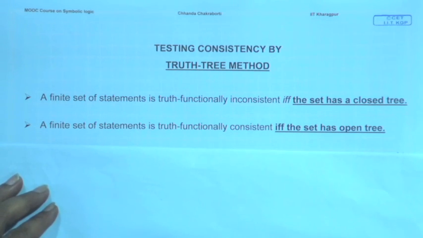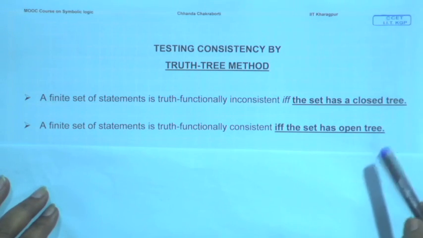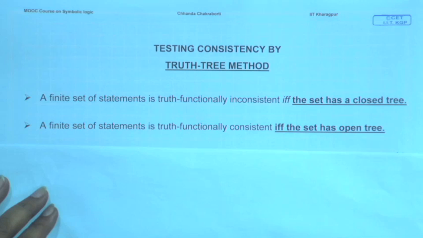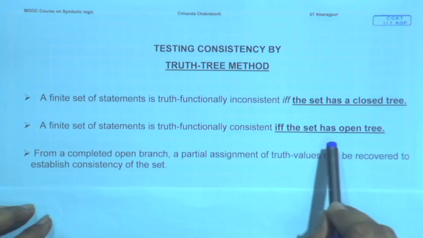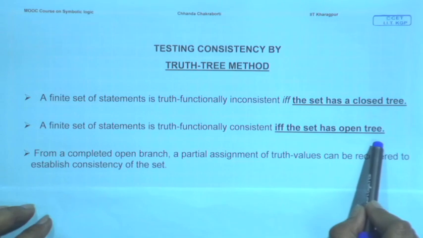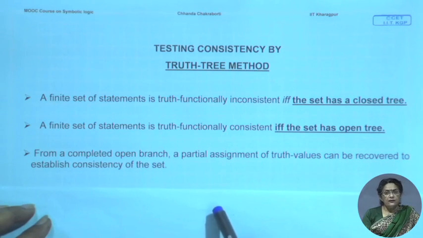So, if you have understood the basic concepts, and if you understood how the tree works, then it is obvious that this is how you are going to see it in the truth tree making. And remember that if you have an open tree, there is going to be at least one completed open branch, and I remind you that from a completed open branch, you can recover partial truth value assignments for all the components in that tree, which makes all the members of the set come out to be true.